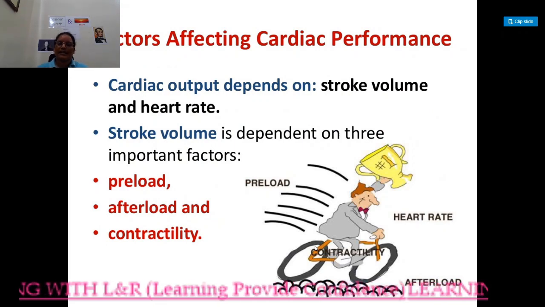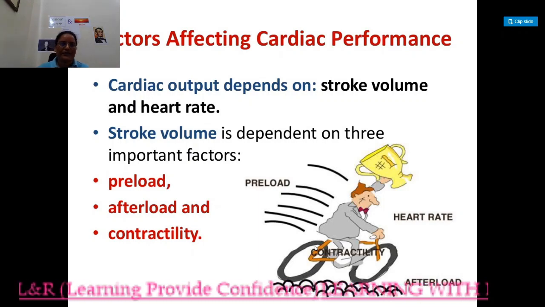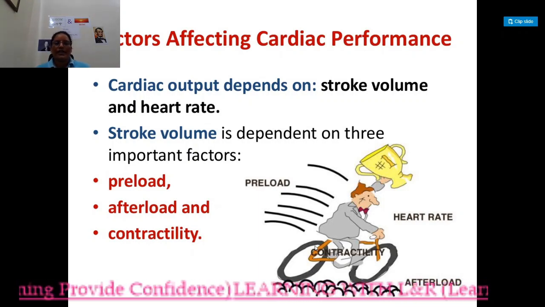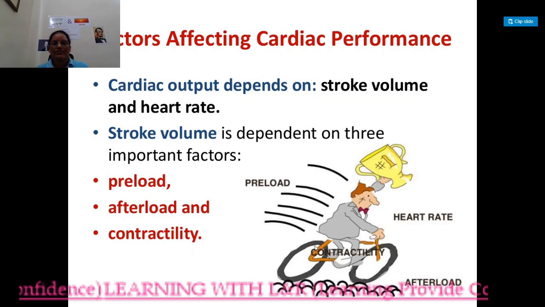Factors affecting cardiac performance: cardiac output depends on stroke volume and heart rate. Stroke volume depends on three important factors. Preload is when the heart receives deoxygenated blood from the body. Afterload is when the blood is pumped into the next level.